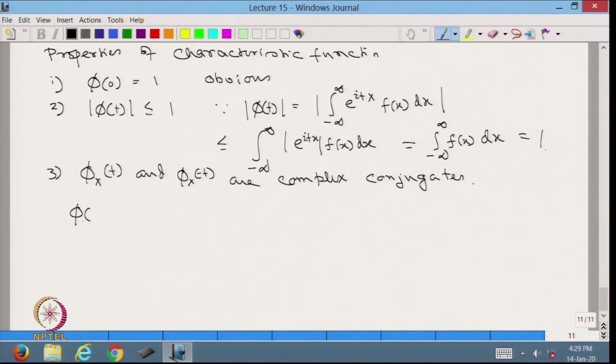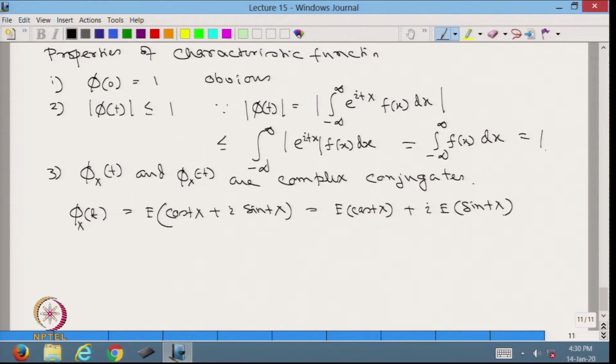Phi x of t is equal to expected value of cos t x plus I sin t x, which is equal to expected value of cos t x plus I times expected value of sin t x.